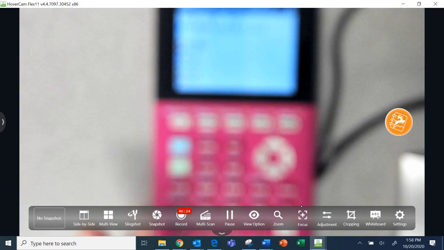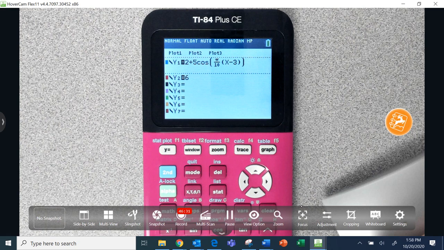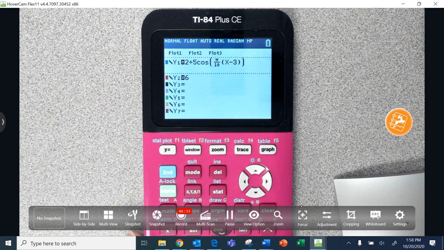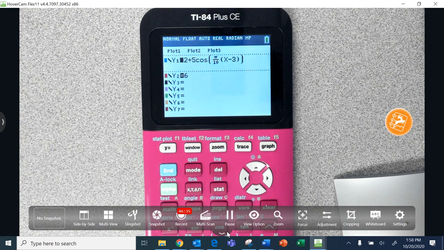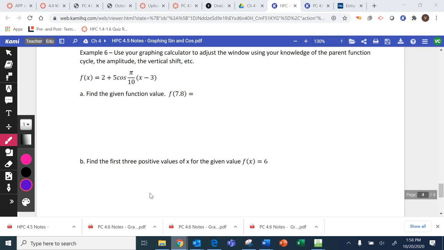Oop, come on. There we go. Got this microphone cord right here. Type in the equation that is on our notes.